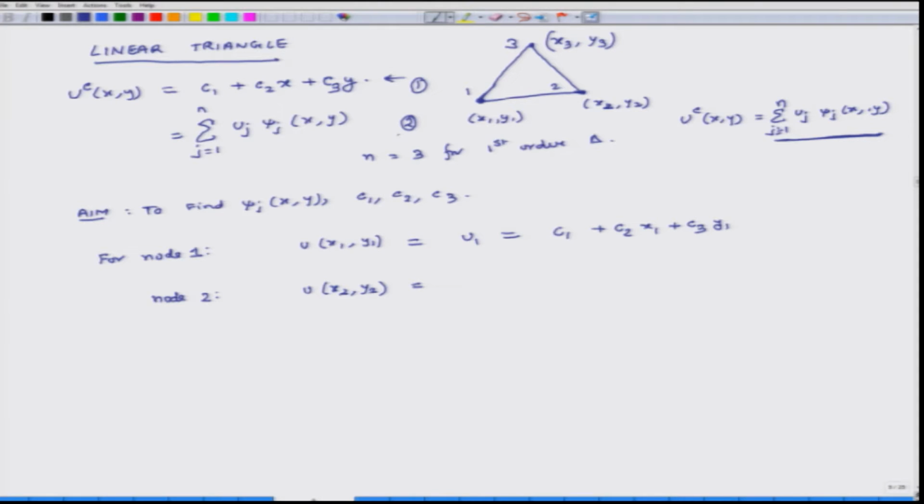If I use equation 2, the value of u at node 2 is u2, because the value of psi 1 is 0 at node 2, psi 2 is 1 and psi 3 is 0. So, I get only u2, and if I use equation 1 then I get C1 plus C2 x2 plus C3 y2.